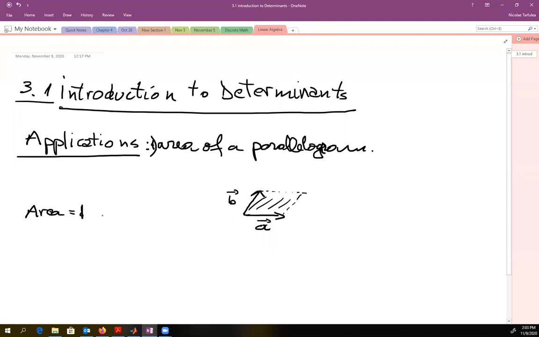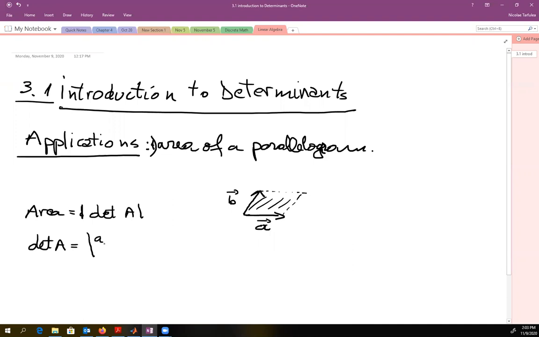You don't want an area with sign. The determinant of this matrix A is just the determinant of the matrix whose columns are the column vectors A and B.